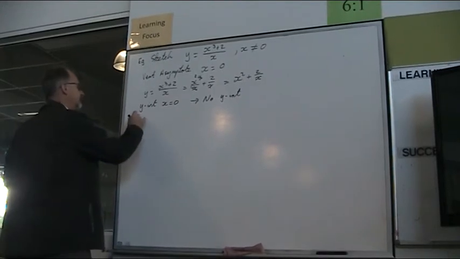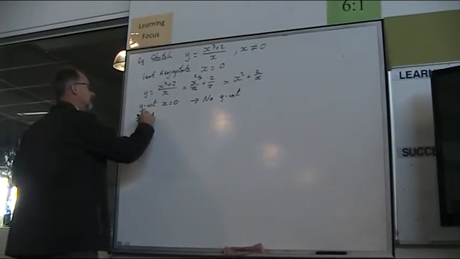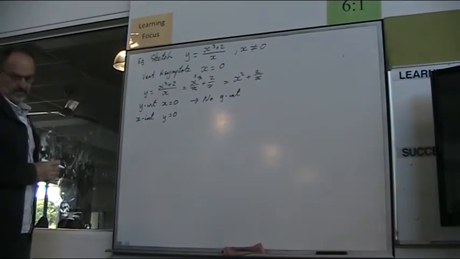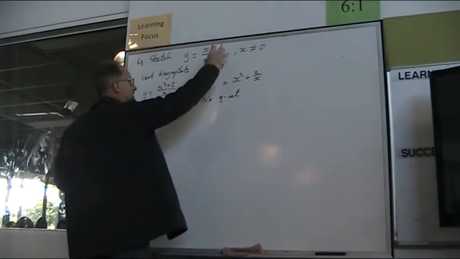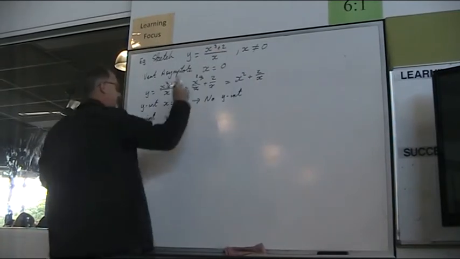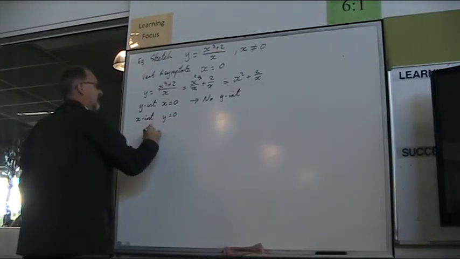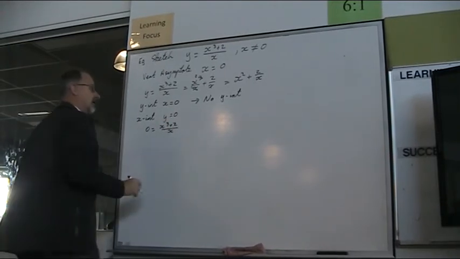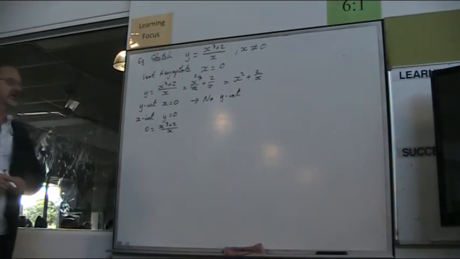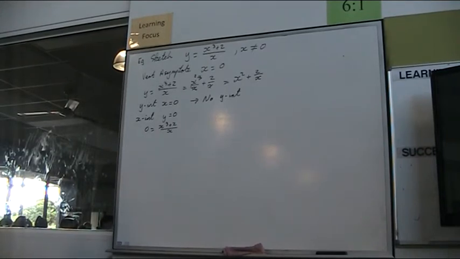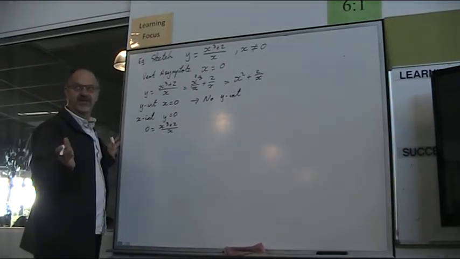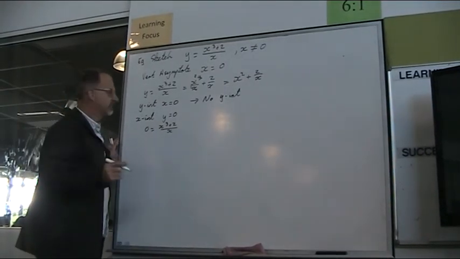X-intercept: y equals 0. So let's use this version. Does it matter which version you use? No, it doesn't matter which version you use. You'll get the same answer. I use that version just because I think it might be easier, but it may not be easier.